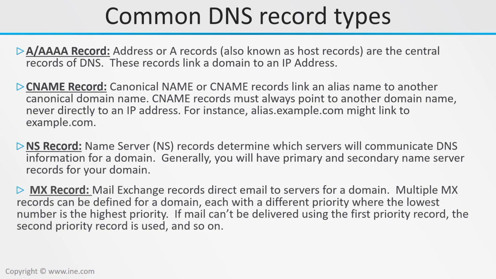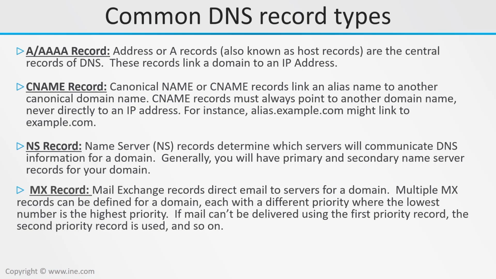Alright, so an MX record is a mail exchange record used to direct email to servers for a domain. So if you want to find out the mail server record for example.com, then you might receive a response back with mail.example.com.